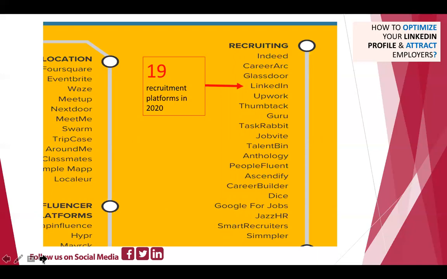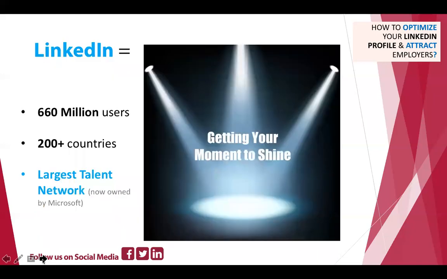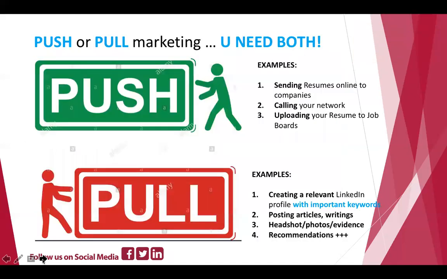Now, out of those platforms, as you can see, this is not in a rank, by the way, it's just a list, but LinkedIn is ranked number 1 because it currently claims over 66 million users, over 200 plus countries, and it's now the largest talent network, now owned by Microsoft. A few years ago, they merged. So you can imagine the immense amount of data that they now have access to, and also the power they hold in terms of candidate search. So there is no better time than right now to learn about optimization.